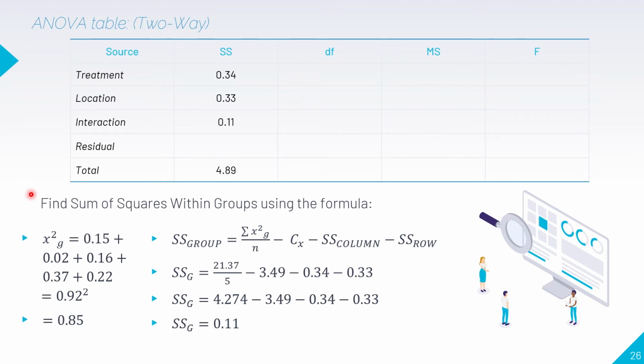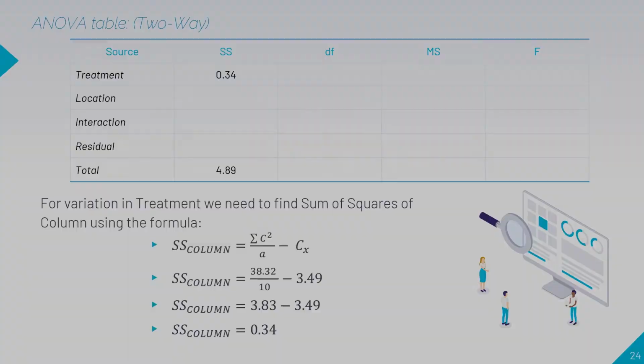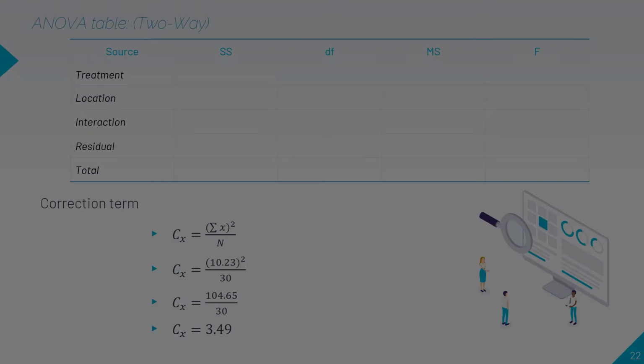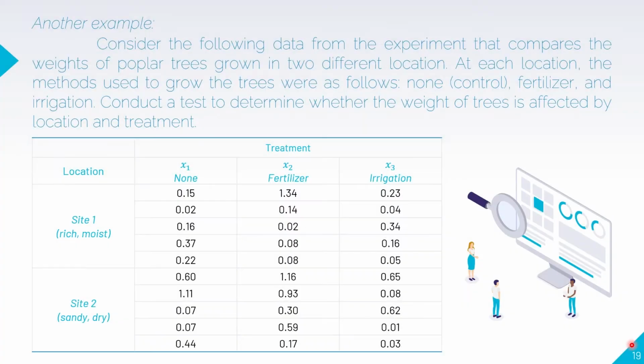Now we need to find the sum of squares within groups using the formula summation of x squared over n. So as I did earlier, for this one we need to add them and then square them, and we have an answer for the first group. Let me show you here.